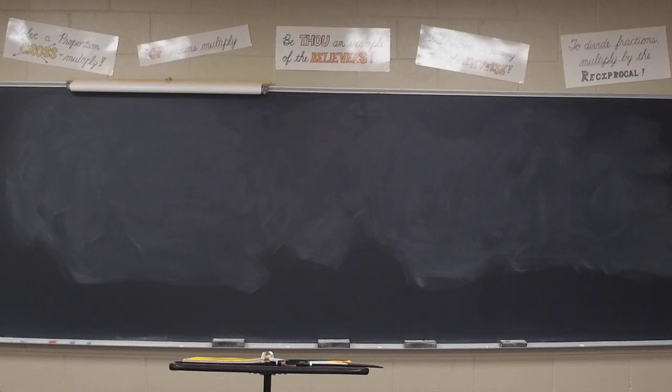Oh, it's got a weird fix on it. That's strange. I'm going to give you a fresh calculator. I don't know what you did to this one, but we're going to get you a new one.